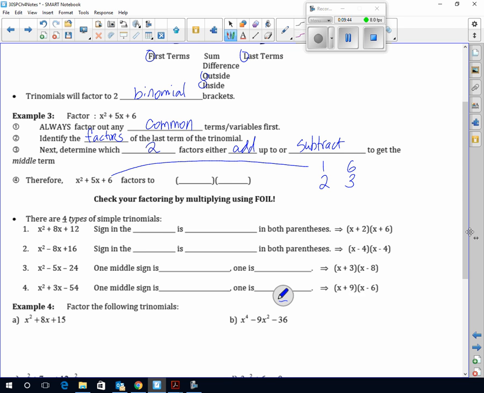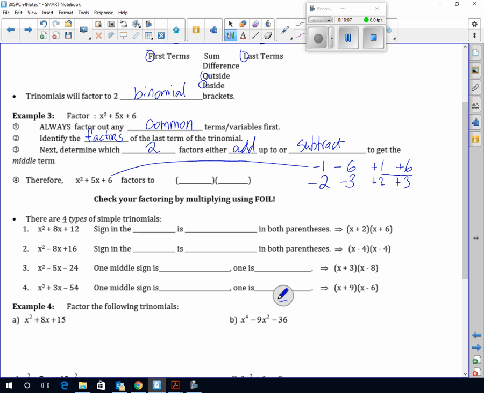That's the only way you can get a +6 product. Make sense? Okay, so now you look at these factors and you say which two would add up to 5x. Right here. So x plus 2, x plus 3. Bada bing, bada boom, it's done.